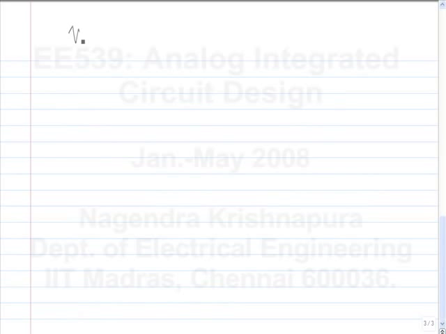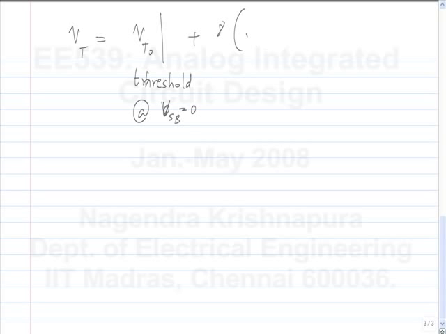So, how is VT related to VSB? There is a certain VT0, which is basically the threshold at VSB equal to 0, plus there is some square root dependence on VSB.